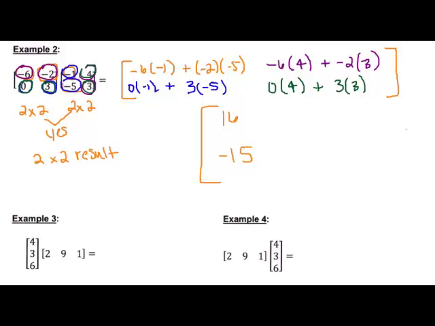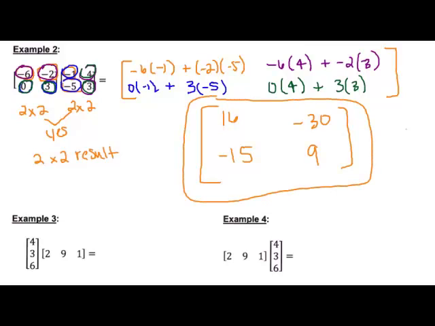Top right, negative 6 times 4 is negative 24, plus negative 2 times 3, which is negative 6. So that gives us a negative 30. And lastly, we have a 0 times 4, which is 0, plus 3 times 3, which is 9. So our final solution is this 2 by 2 matrix.